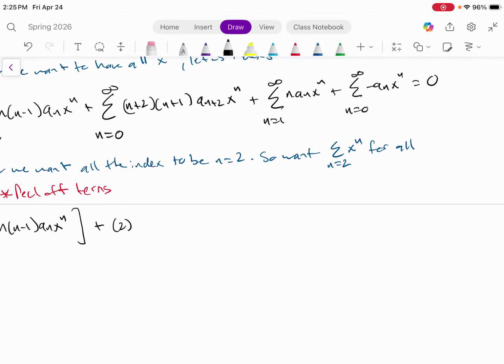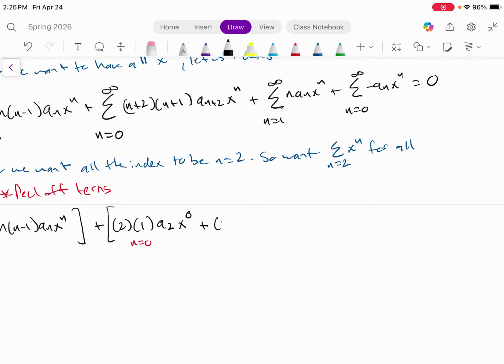So what that would look like is, we put brackets, 2 times 1, a sub 2, x raised to the 0. That's for n equals 0, plus, I'm plugging in n equals 1 now.